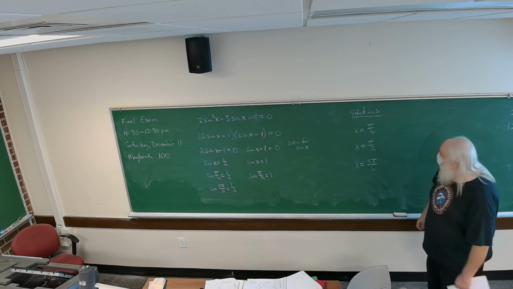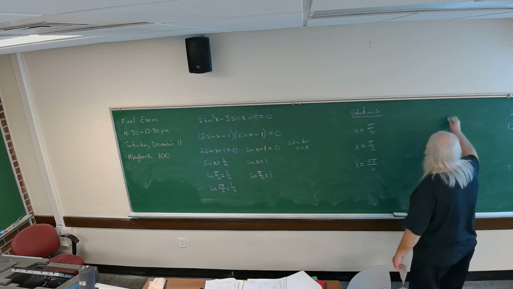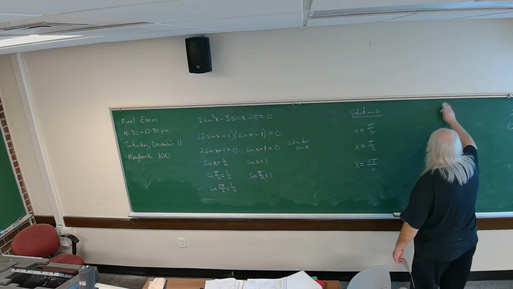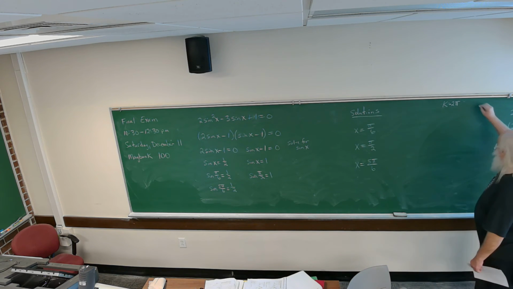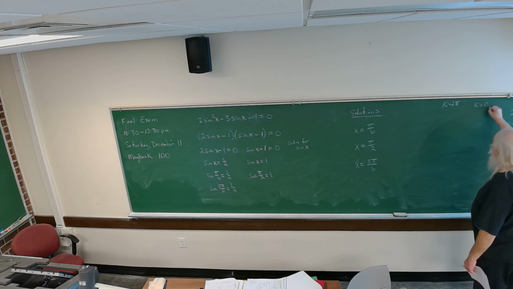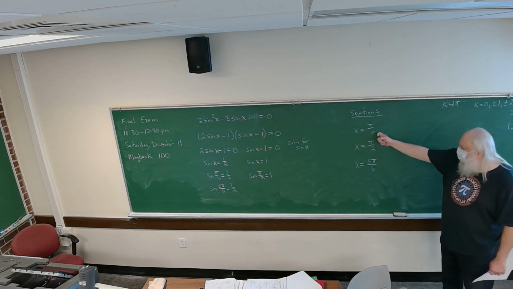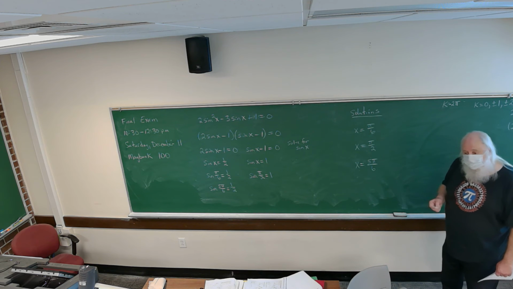So to get the general solution for all angles, we have to add an integer multiple of 2 pi, where k is an integer. And integers are 0, plus or minus 1, plus or minus 2, and so forth. Adding an integer multiple of 2 pi to any of these angles doesn't change the value of the sine function.